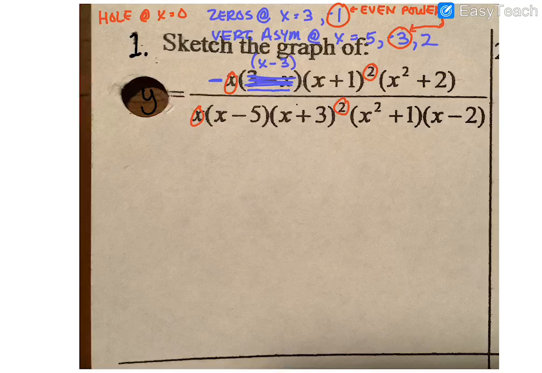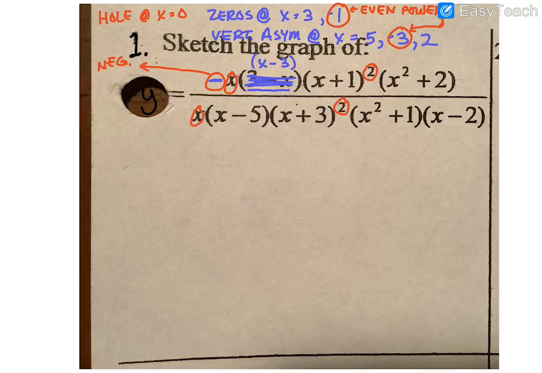And then the other piece of information I should point out is that, please remember, we have to look at whether this fraction is a negative or positive fraction. Well, right here, because we had this negative out front, it is a negative fraction.